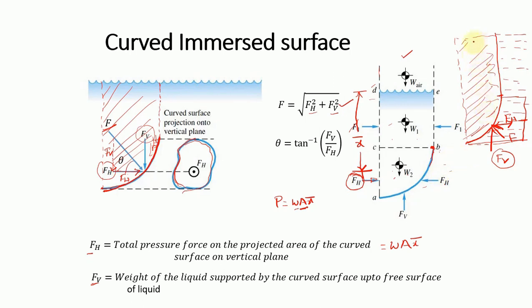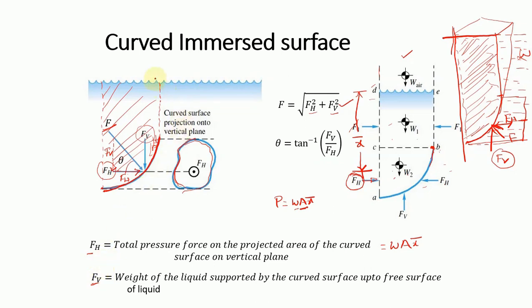So like that we have to find this vertical component, and see here the projection is from the water level, this vertical projection is from this curved surface. Then this area, multiplied by the width of this gate, will give us the volume, and multiplied with the specific weight of the liquid standing behind will give us the Fv value.